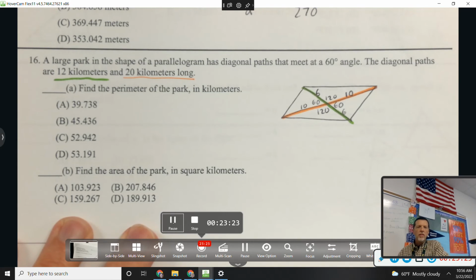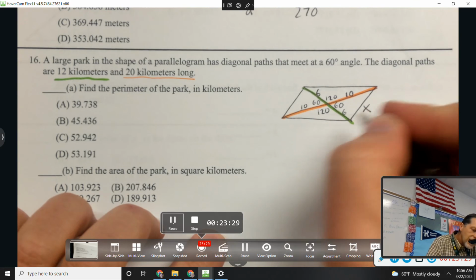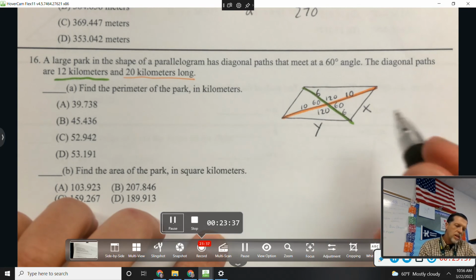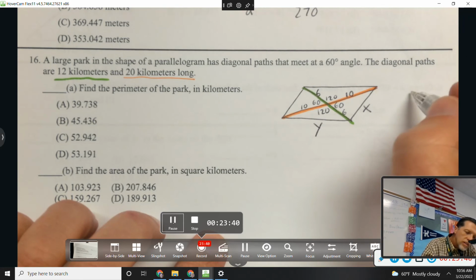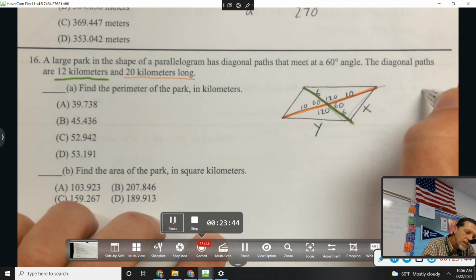Find the perimeter of the park. So I need to find this length and this length, and then take 2 of each of them, right? So let's take this triangle and pull it out here. So x, 10, 6, and 60.